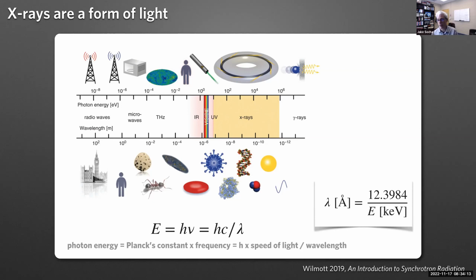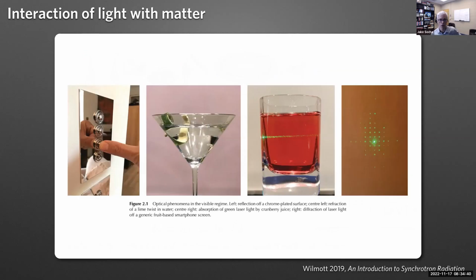And so you can think of the photon's energy as being inversely proportional to its wavelength. Typically, when people talk about synchrotrons, they're talking about the energy, but if you want to think about it in terms of wavelength, you're welcome to do that as well. And typically at these facilities, they're dealing with X-ray energy roughly in the range of 1 to 100 keV or so.